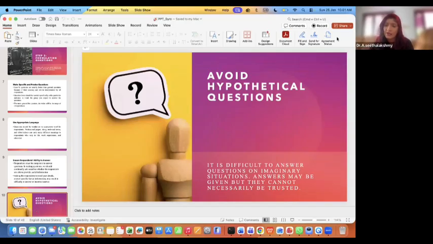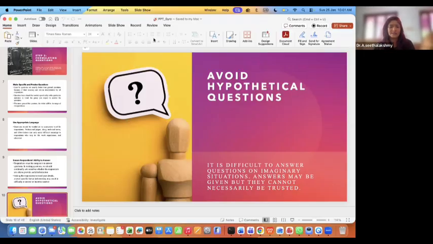Individuals are very different, and their imagination levels are too. Everyone has their own imagination. It will be very difficult to answer questions on an imaginary situation. For example, imagine you are the leader of this team, what will you do? What will be your attitude?